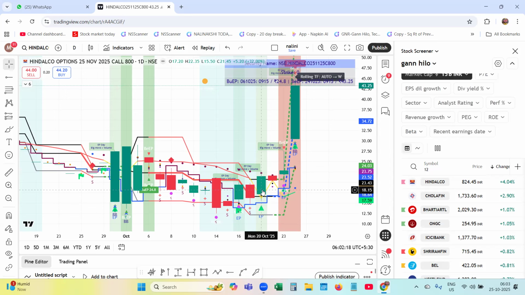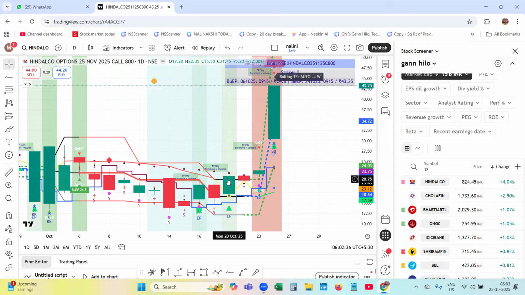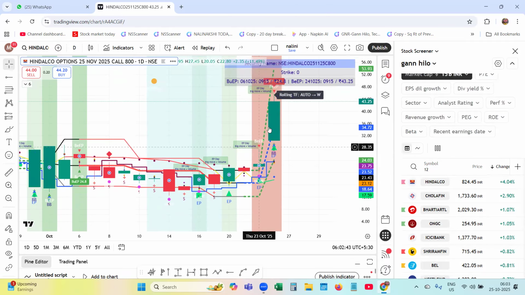In the present indicator, it has shown 6th October episodic pivot and the pullback, and you are going to enter over here, at this 21 rupees. So within 2 days, it has rallied from 21 to 43 rupees.